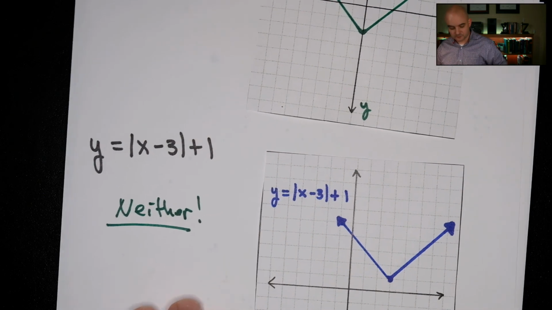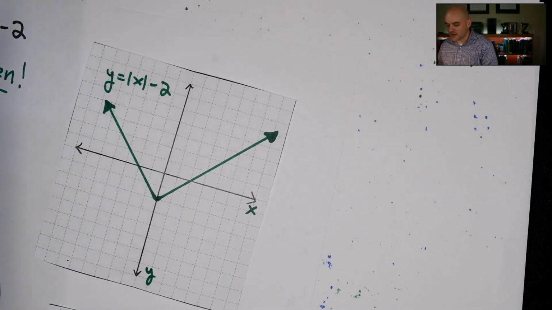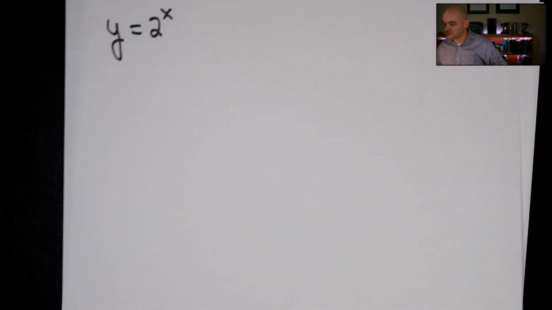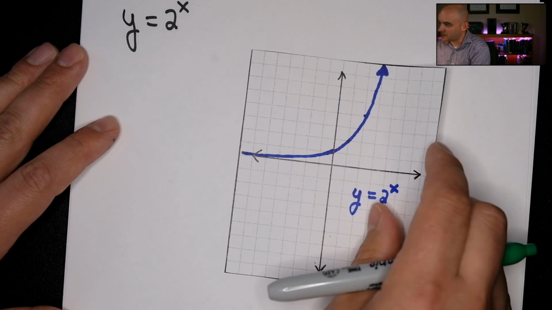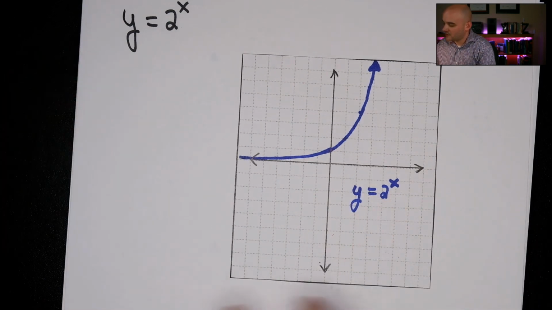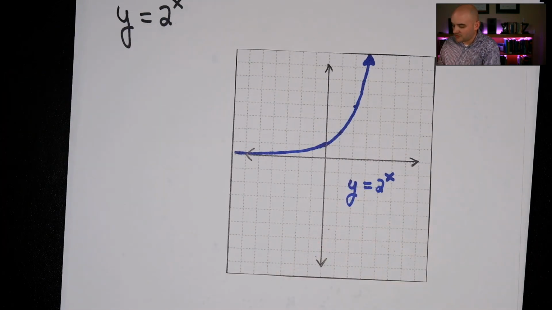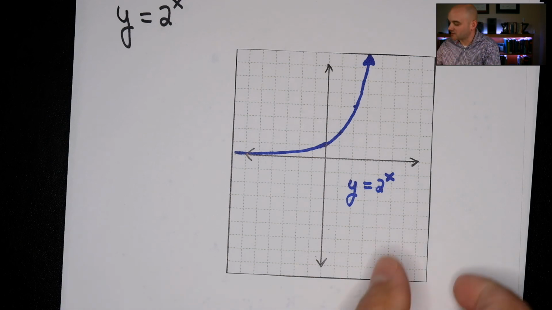All right. One more example here. Let's look at y equals 2 to the x. So the 2 to the x looks like this right here. And hopefully this one is an obvious one to you that it's neither, but I just want you to start seeing different functions, different parent functions, so as we get into parent functions, these things aren't so new to you.